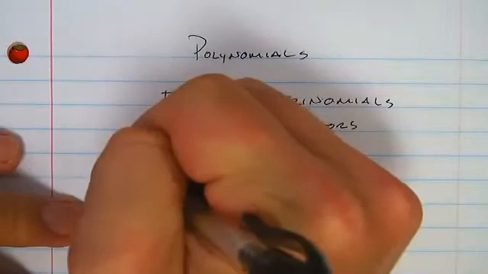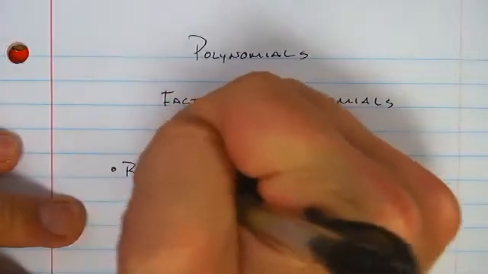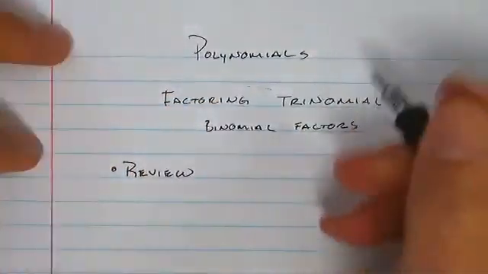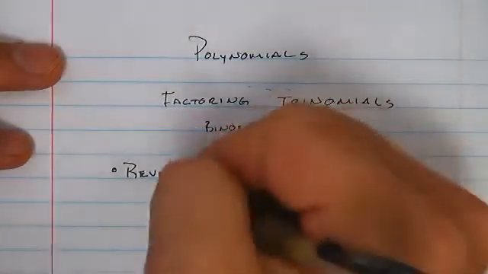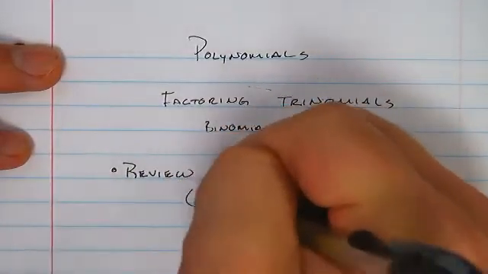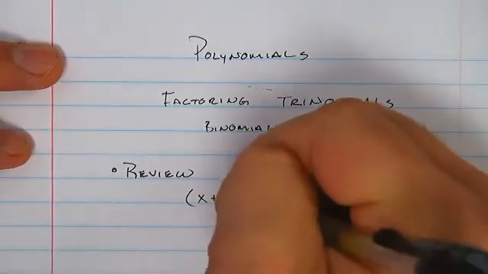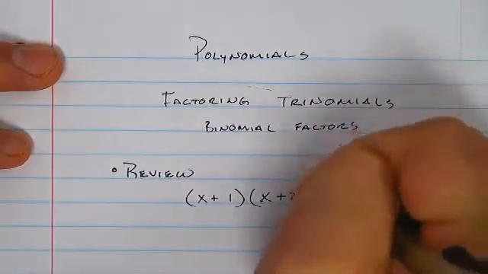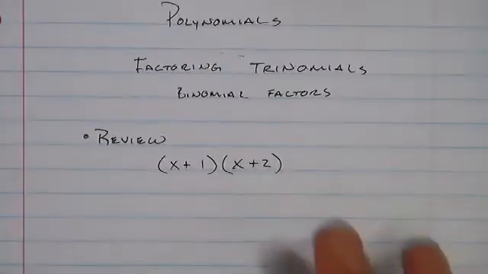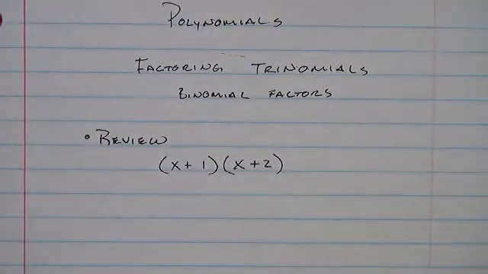So in review, okay, when we built these trinomials, we would have two binomials, and that could be something very simple like x plus 1 and x plus 2. Okay. And if we had those two, we put these together through the process of what is known as double distribution, right?